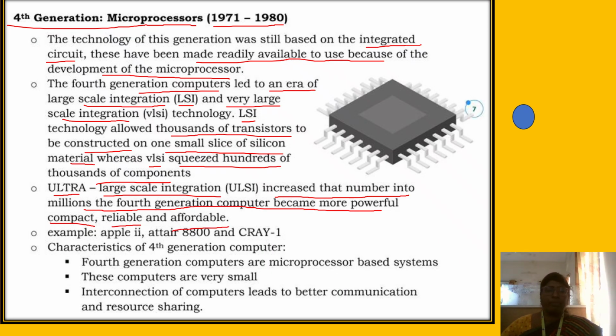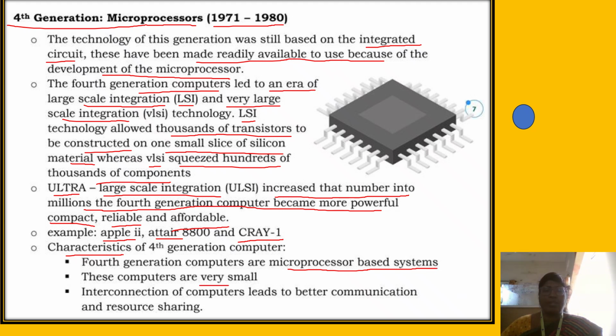Examples of the fourth generation are the Apple II, the Atari 8800 and the Cray 1. The characteristics of the fourth generation computers: they are microprocessor based systems.